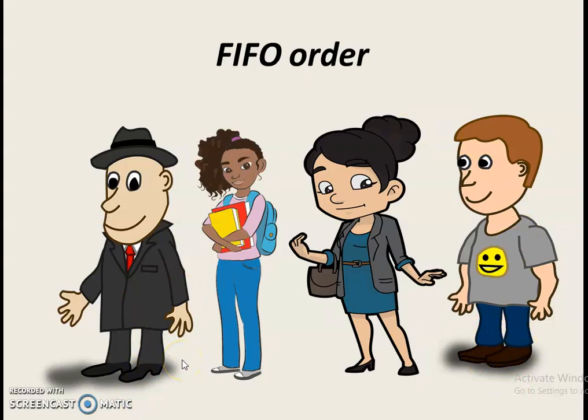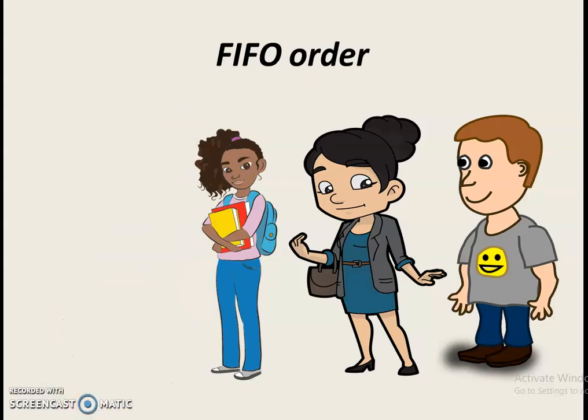Now the person who will go out first will be this one, because this person came first. Now this is the front end and this is the rear end, so a new person will be standing after this and the removal will take place from the front end, right? So this is FIFO order, first in, first out.